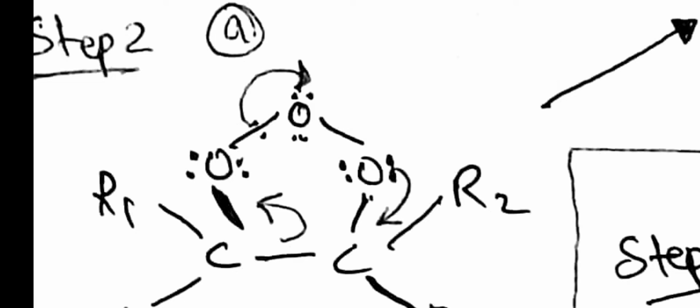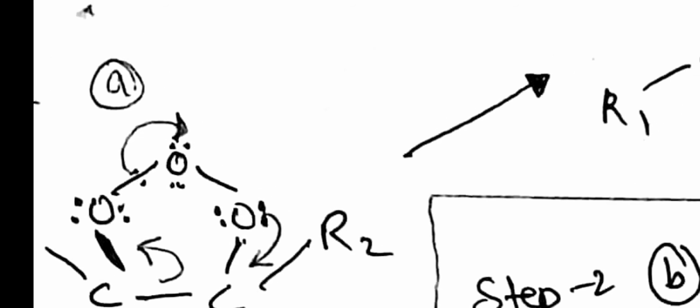The third part is that the other oxygen atom shares its valence electrons and forms a carbon-oxygen bond with C2. You can have a look at this and you will understand that this is also a concerted mechanism.